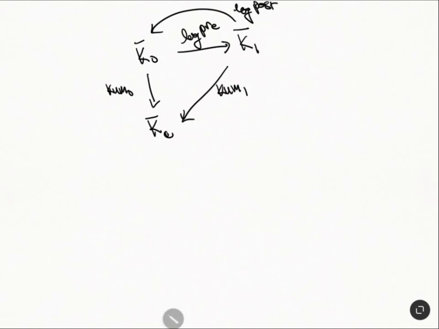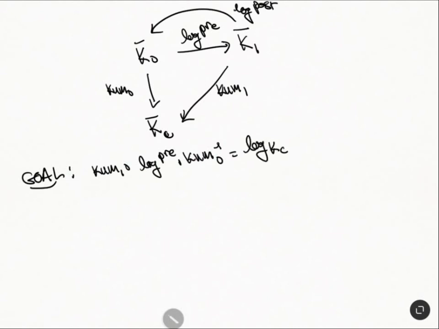Okay, so the goal again, I'll just restate this, is that this composition, zero inverse, is the logarithm here on the base field. Okay, maybe I'll omit the bars in this thing.